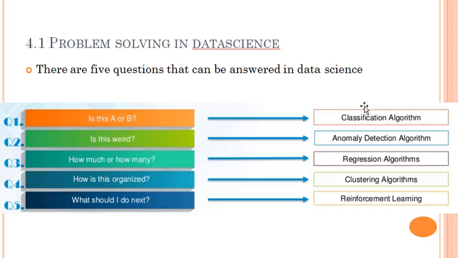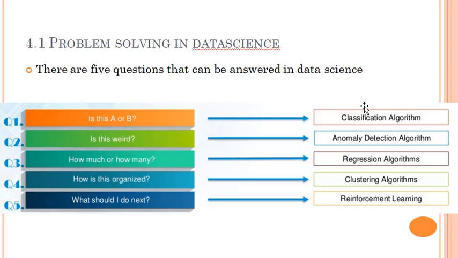In question number two, we are interested to see if it is weird, right? For example, I have certain data samples, and all those samples have a sequence in them, or they are related, or maybe they have similar underlying characteristics.